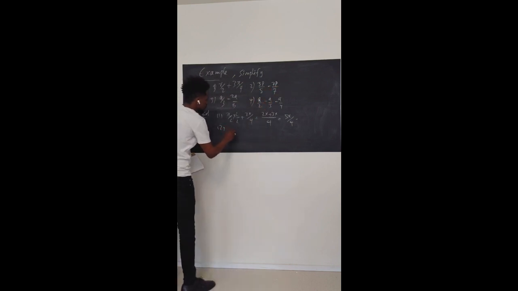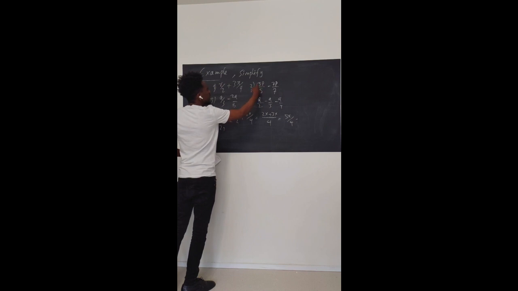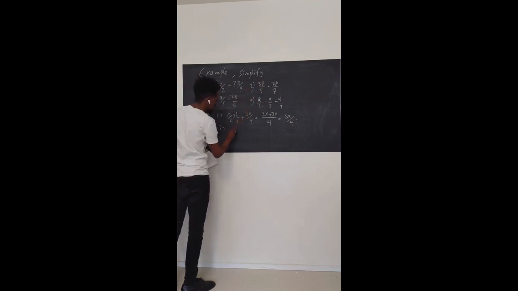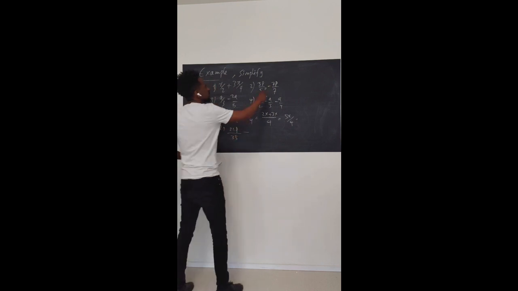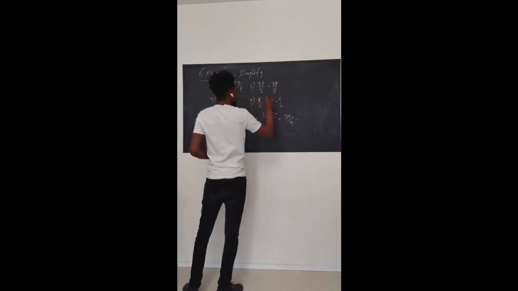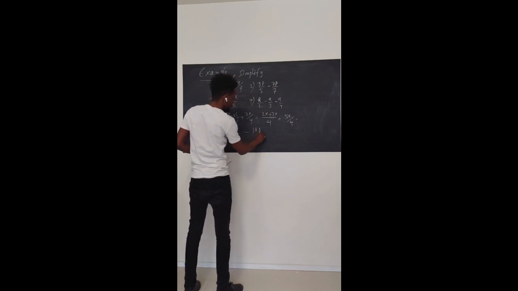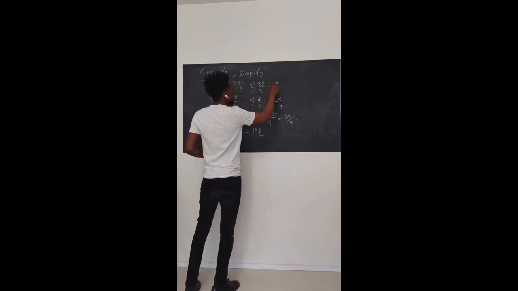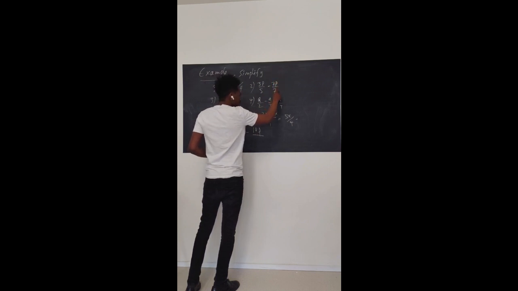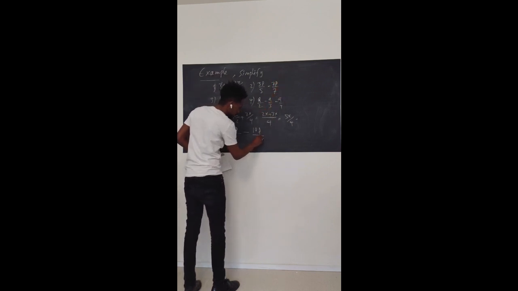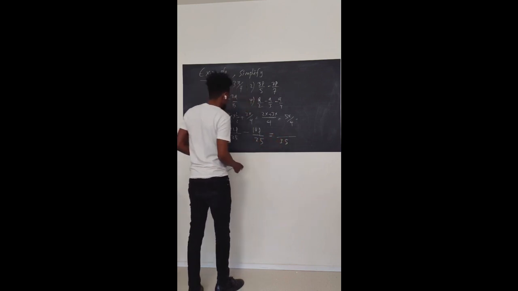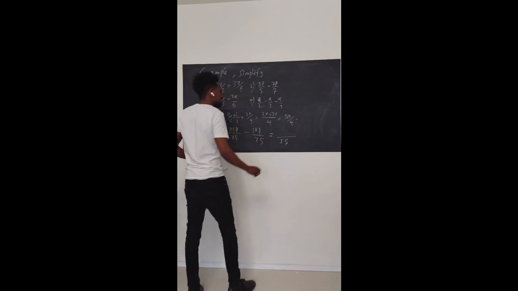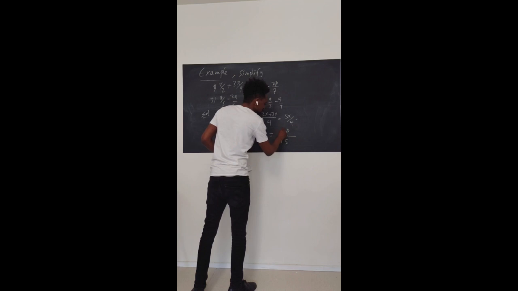Then we get 3p times 7, 3 times 7, that's 21p over 35, minus here 5 times 2, that's 10p over 7 times 5, that's 35. We see that 35 here. 21p minus 10p, that's 11p.